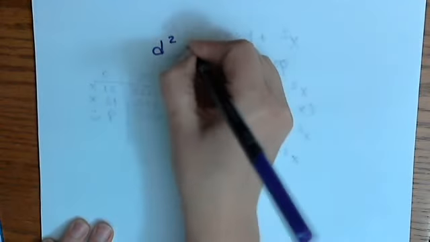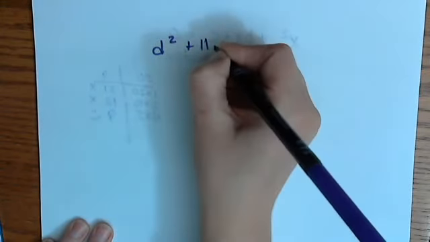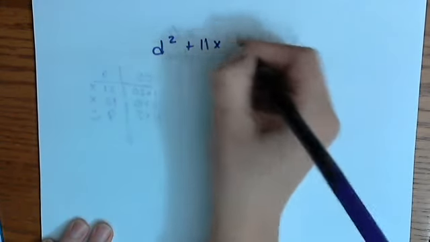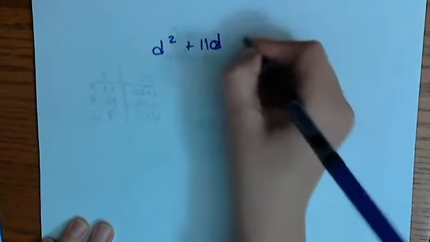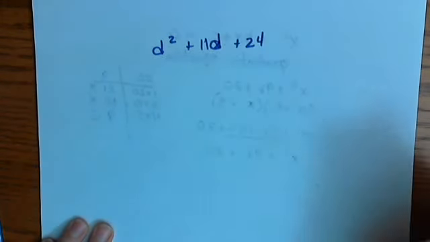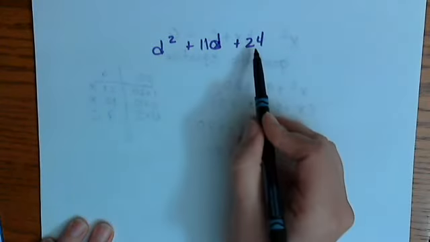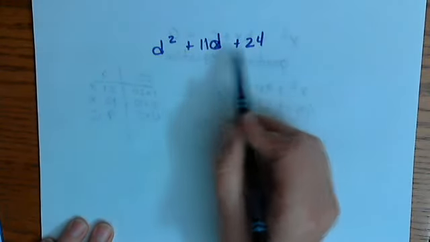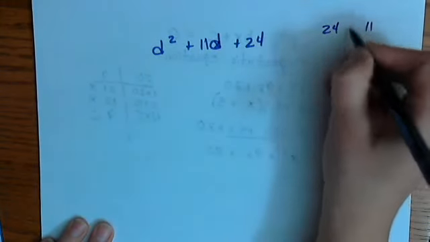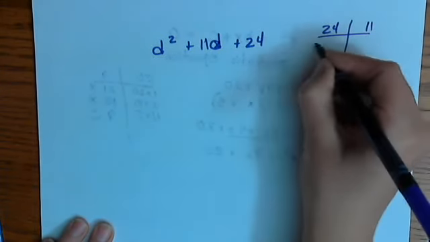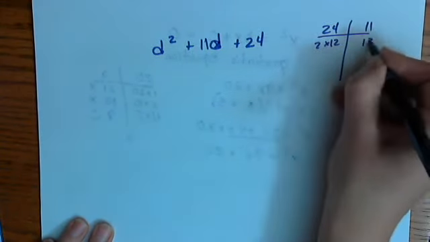And now we're going again, and we have d squared plus 11x. There's a typo in my book. It should be 11d plus 24. And I want two numbers to multiply to 24 and add to 11. 24 is 2 times 12, but that's 13.